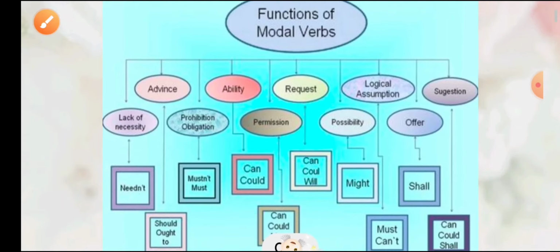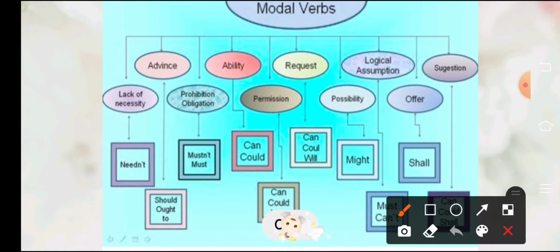If we want to give advice, we use should or ought to. To express prohibition or obligation, we use must not and must. If something is prohibited, we use must not, and when there is an obligation you have to use must.